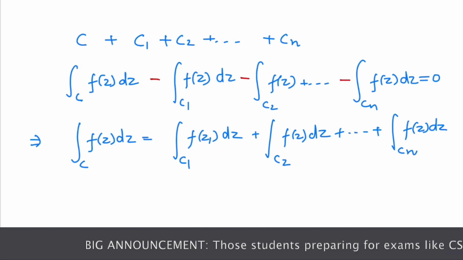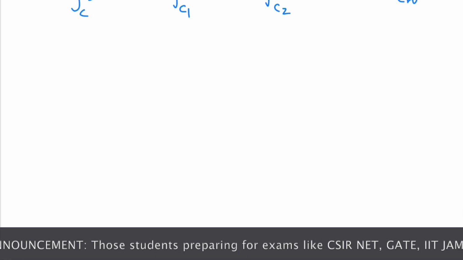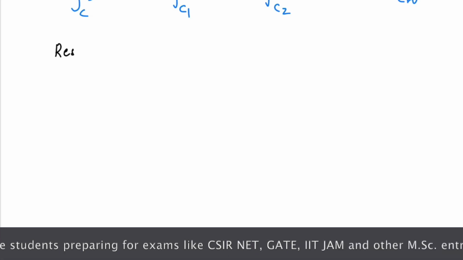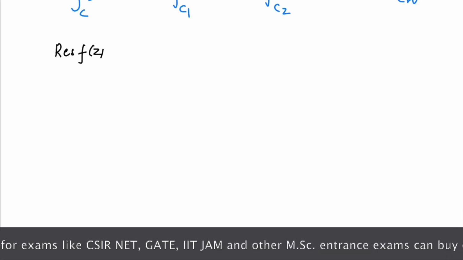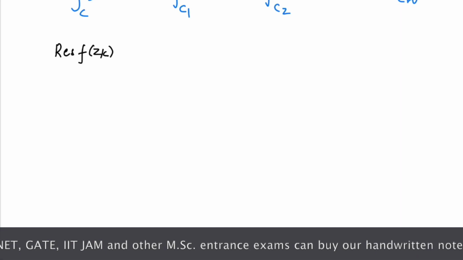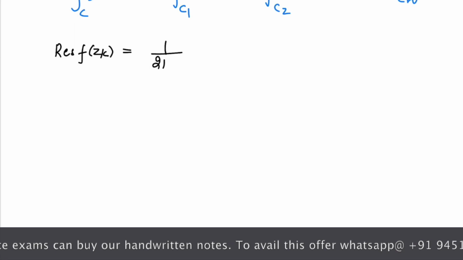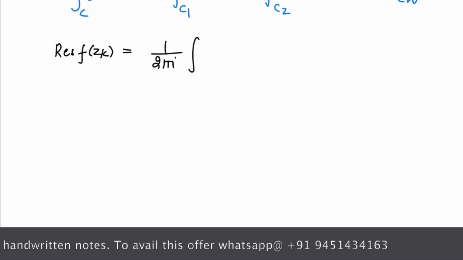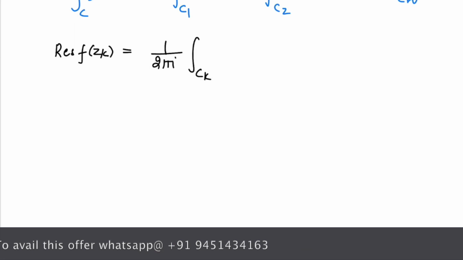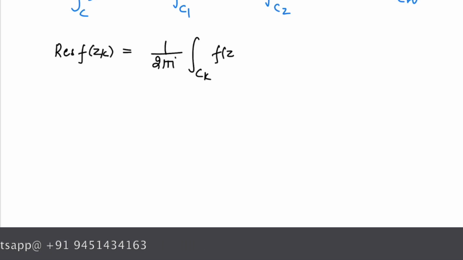Now if you remember the definition of residue, we know that the residue of function f of z at point z_k equals 1 upon 2 pi i times the integration over contour Ck of f of z dz. This is the definition of residue.